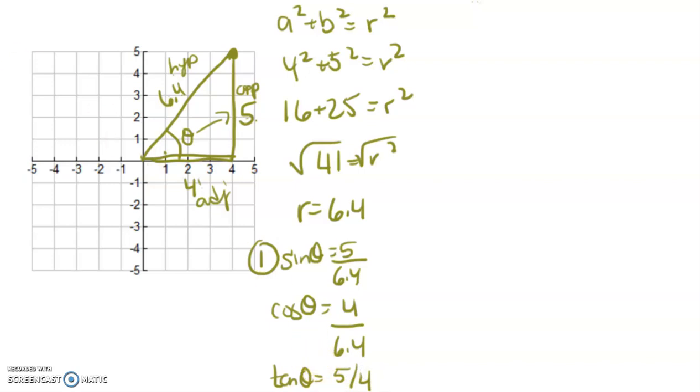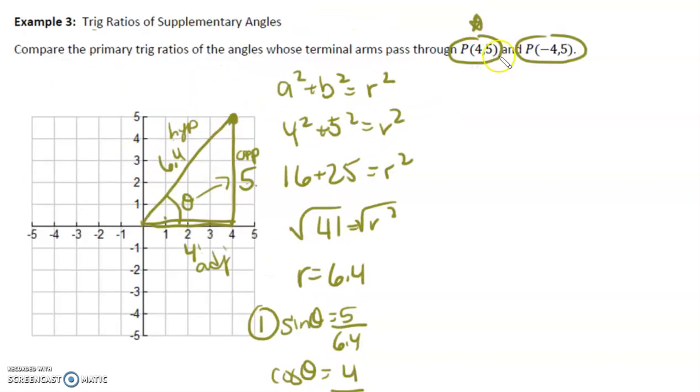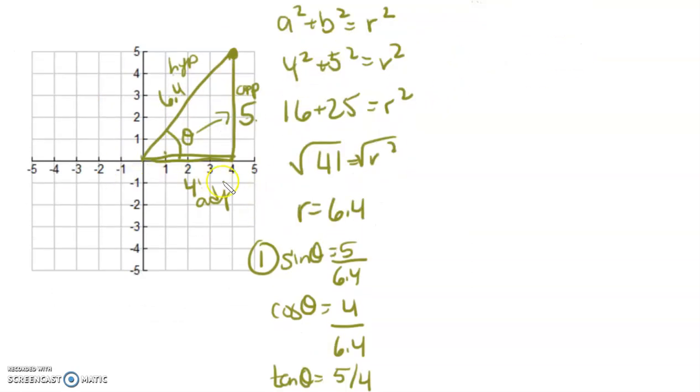Okay, let's do the same thing, but let's do it with the second point, negative 4, 5. We're going to plot our point here. We're going to draw our terminal arm and our initial arm and draw that as a triangle. We have 4 units. We have 5 units.